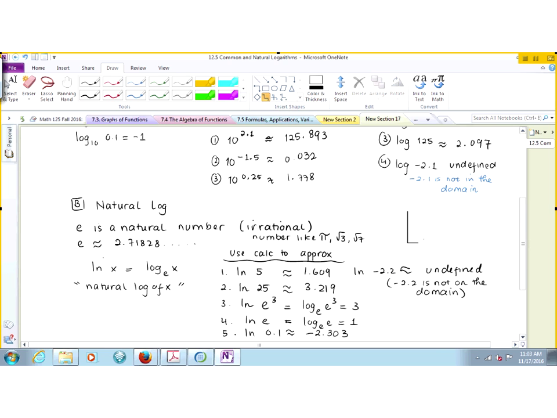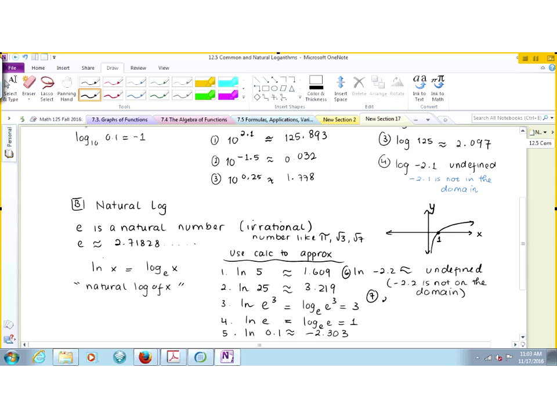The rough sketch for all logs, the graph is always the same. Any log with any base, the graph will look like this, and this is 1. So ln x looks like this also, and negative numbers are not in the domain.